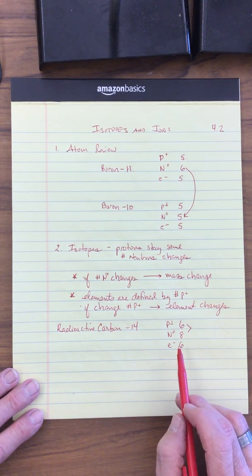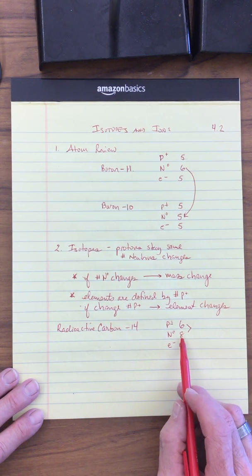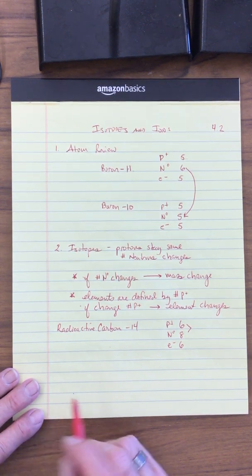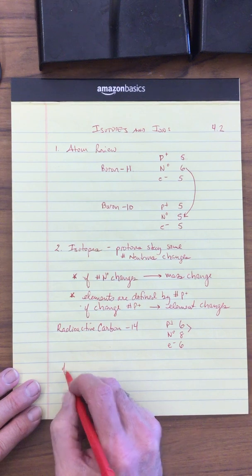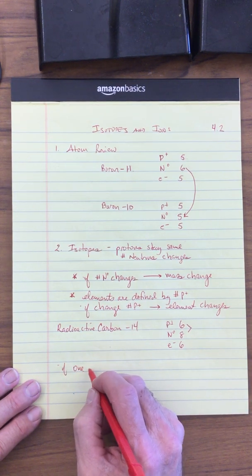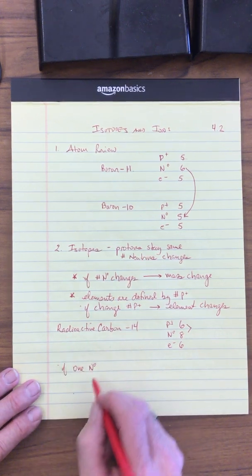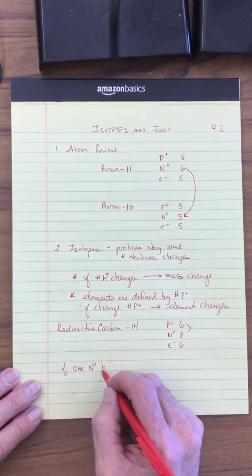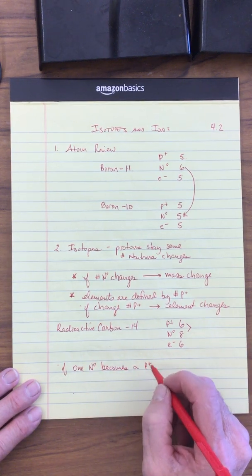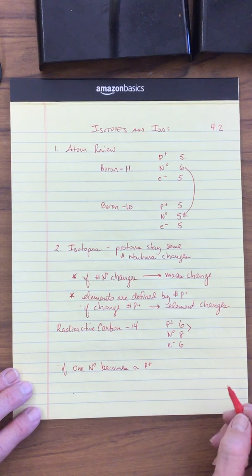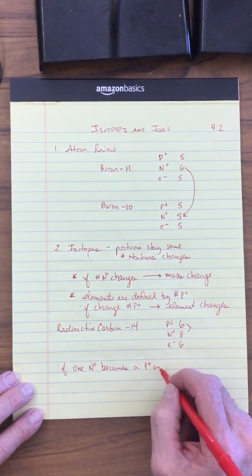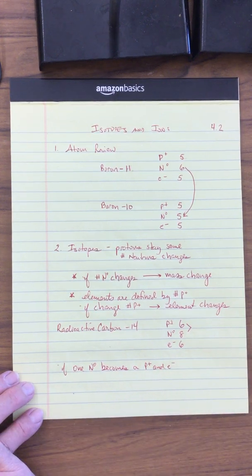And what happens is one of the neutrons in radioactive carbon is going to become a proton. So if one neutron in this radioactive carbon becomes a proton, it actually becomes a proton and it produces an electron.